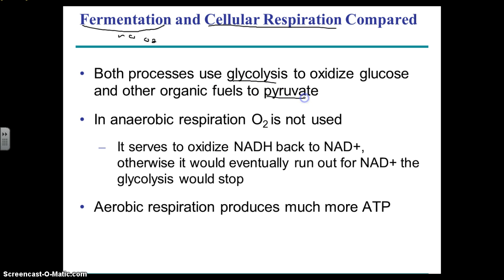That happens in every type of respiration that can occur. But in anaerobic respiration, oxygen is not used. So that means we cannot have an electron transport chain, because oxygen is the final electron acceptor at the end of that chain.